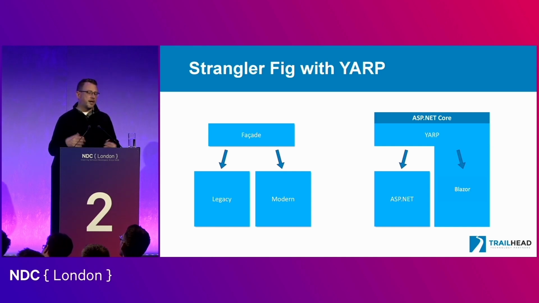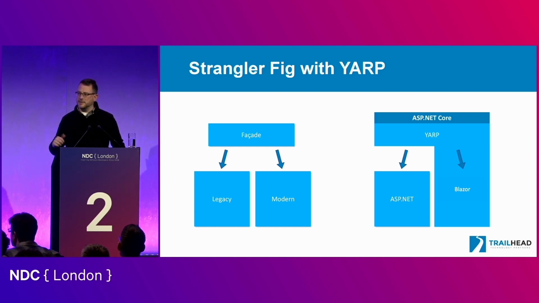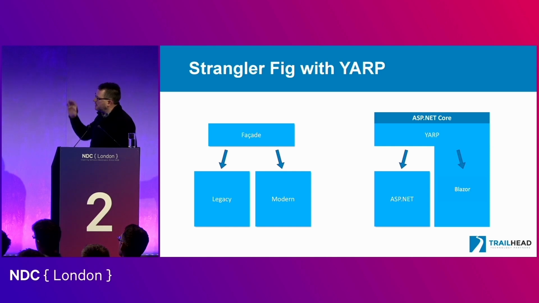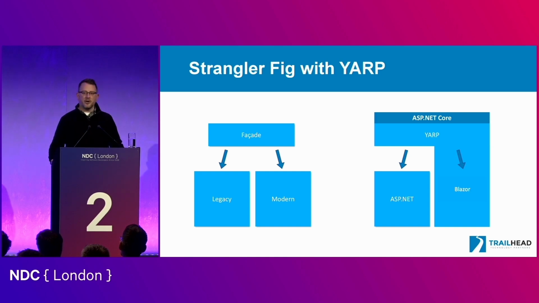And so even though there are conceptually three pieces here, there's the modern, the legacy apps, and the facade layer, here, the YARP facade layer and, let's say, the Blazor modern app are actually going to be hosted inside the same application, your modern ASP.NET app, and then only stuff that isn't able to be handled from that will be forwarded to your legacy ASP.NET application.